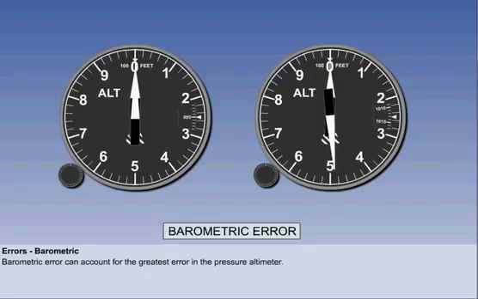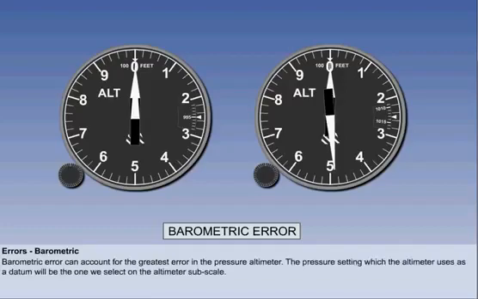Let's assume that pressure at the airfield's elevation of 275 feet is 995. The pressure setting which the altimeter uses as a datum will be the one we select in the altimeter subscale by turning the setting knob. Let's now assume that the pressure at sea level is 1005 hectopascals.